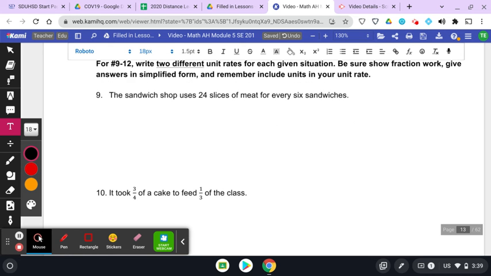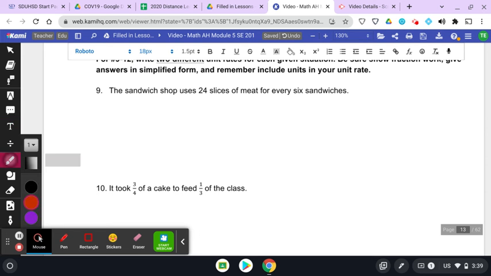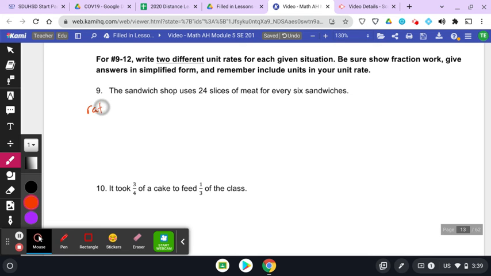Okay, a sandwich shop uses 24 slices of meat for 6 sandwiches. So I just start out with my basic rate, whatever they gave me. Okay, we've got 24 slices, label it up, for 6 sandwiches. Or I can write it the other way. 6 sandwiches for 24 slices.